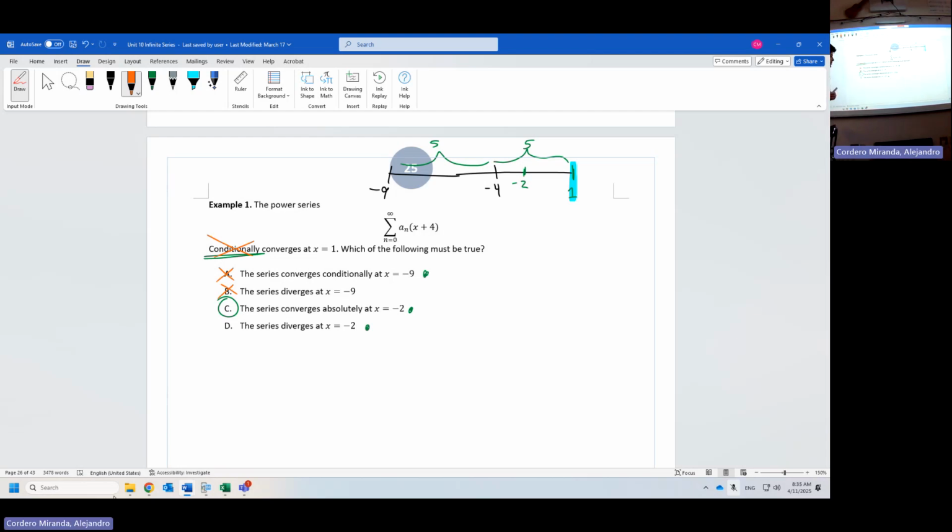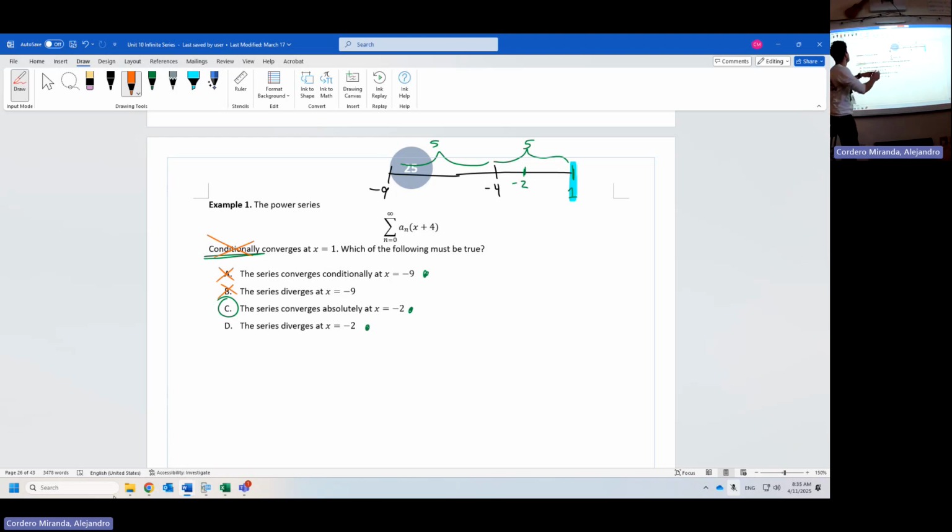Maybe I'm just really missing something, but it conditionally converges at x equals 1, but then you plug in, and you just have the whole parentheses. When x equals 1, then you get 5, right? Inside the parentheses.